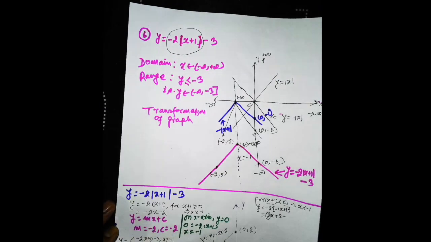Now if you are interested, you can try yourself. I am giving you some examples to work on after you watch this video. The question I have marked is question number 6.